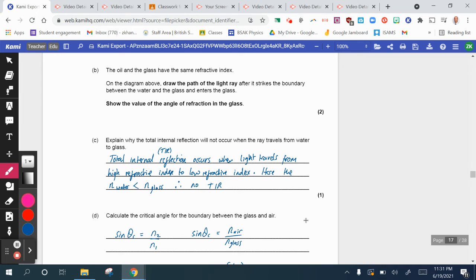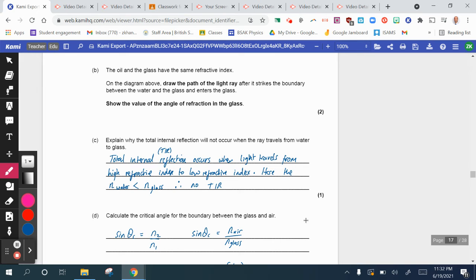Here we've got the opposite, where the refractive index of water is less than the refractive index of glass. Whereas if light was going from glass into water, there is a possibility of light totally internally reflecting back the other way, because the refractive index of glass is greater than the refractive index of water.